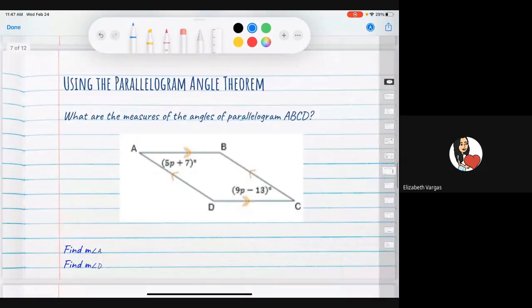So we can also use those two angle theorems to find angles that look like this. So we're not necessarily given an exact value, but we're given, in this instance, P. So first thing we want to do, like we've always done before, is find out what P is. And the way in this instance you can find out what P is, you know that opposite angles are equal to each other, right? And so that means that I can put those two equations equal to each other.